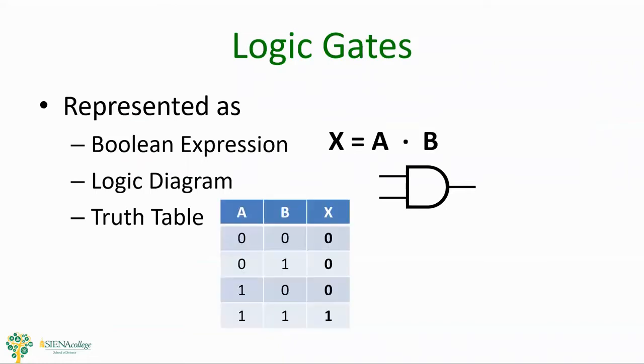Or they can be truth tables, which list all the possible input values and their corresponding output values. A logic gate can be represented, as I said, by a Boolean expression, a diagram, or a truth table. We will learn how to convert between Boolean expressions, logic diagrams, and truth tables.